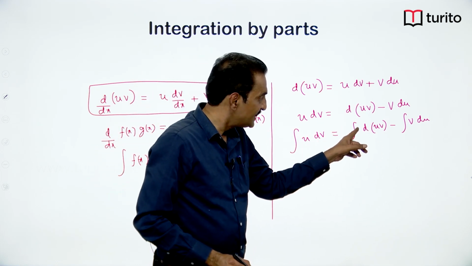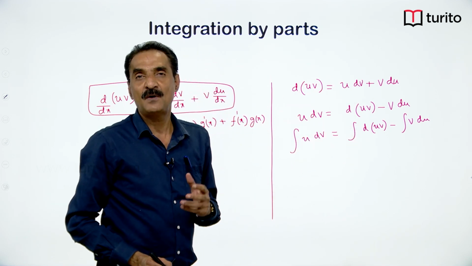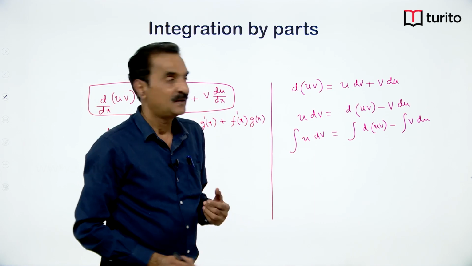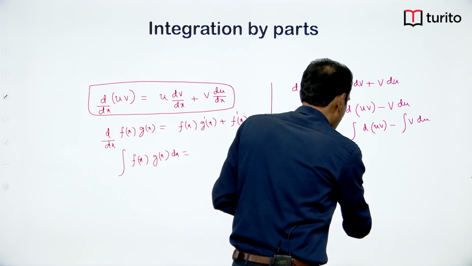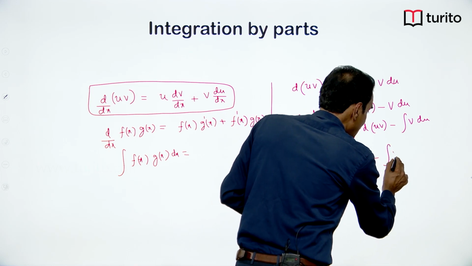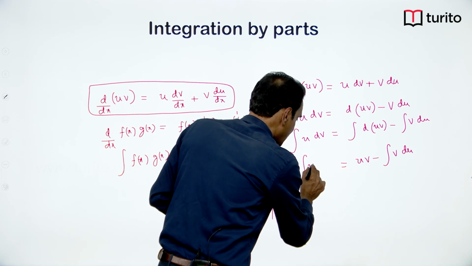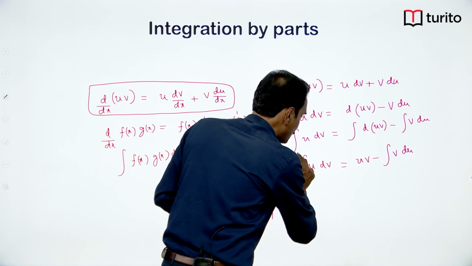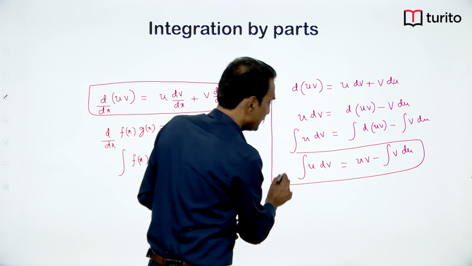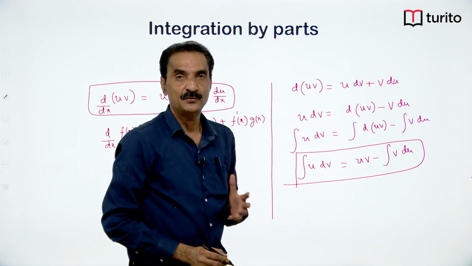Integral d of uv means integral of 1 with respect to uv. Integral 1 dx is x. So integral of d of uv is uv minus integral v du. So we get integral u dv is equal to uv minus integral v du.